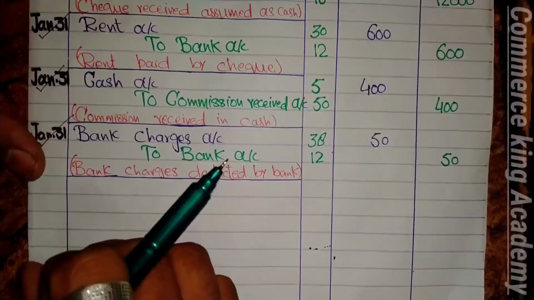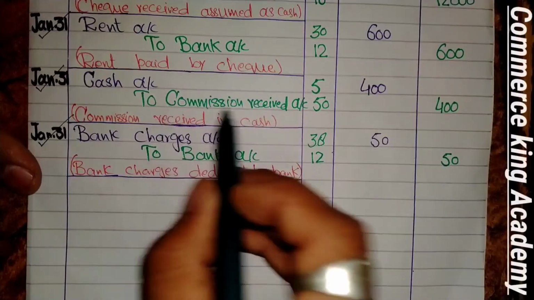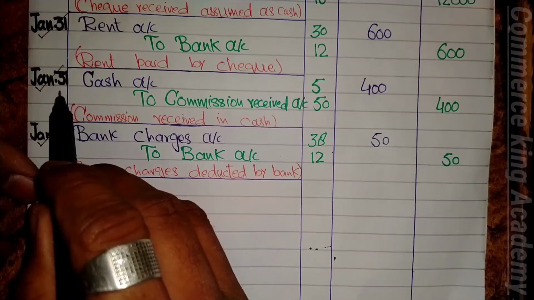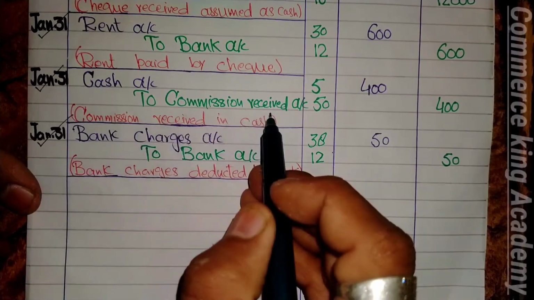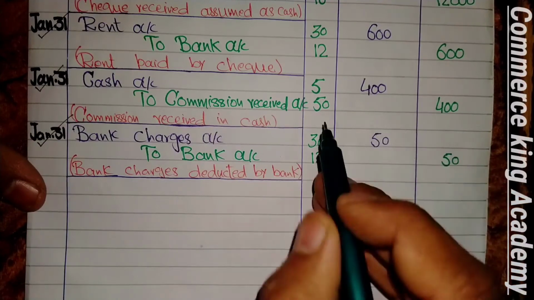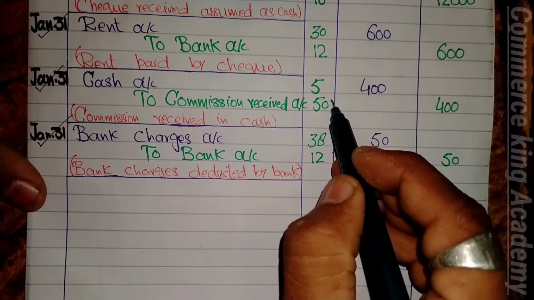Our second last account for making its ledger is the commission received account. On the same date, Jan 31st as above, commission received account is credited by cash account amounting to 400 rupees. Its ledger folio number is 50.